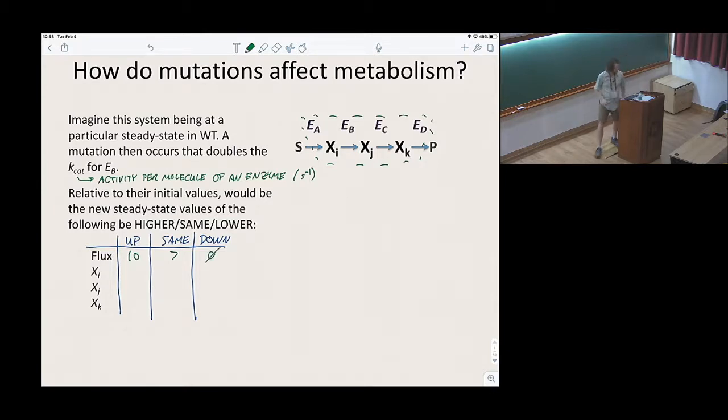All right. What about the concentrations? Will they change? So what about XI? Same? We've got one down. 1, 2, 3, 4. Up? All right. What about the ones downstream? XJ, immediately downstream? Same? No sames. Up? Down?